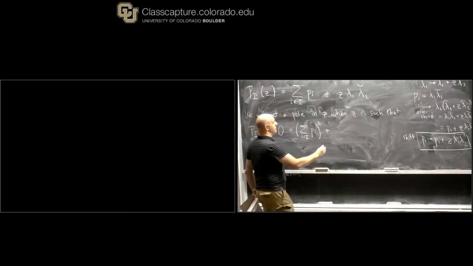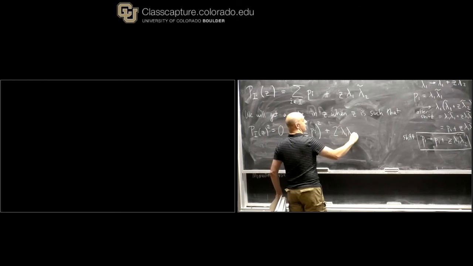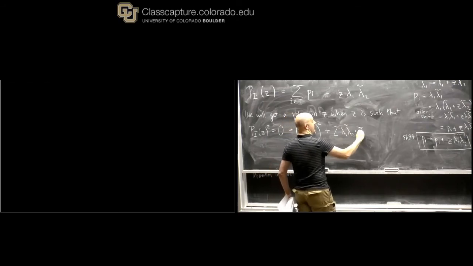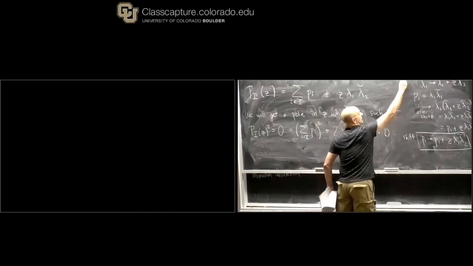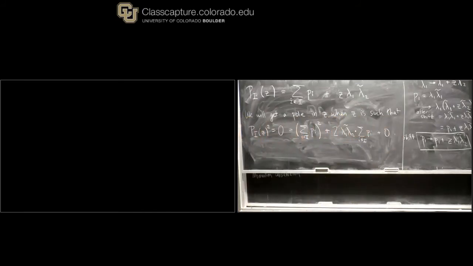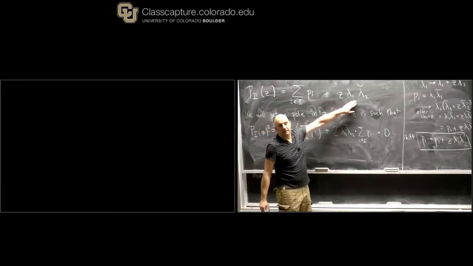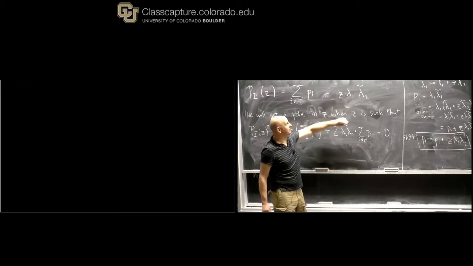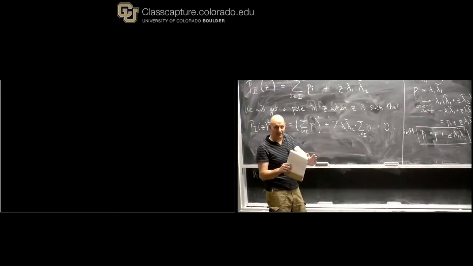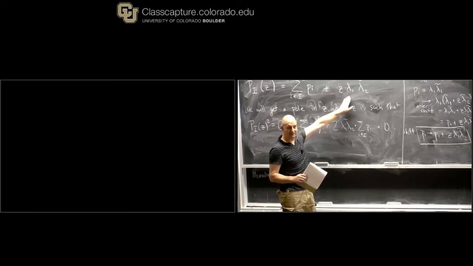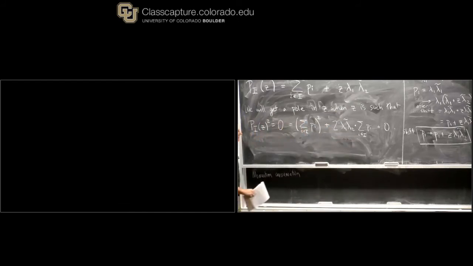Then I get the cross term. And then I get the square of this. Now, the square of this is 0 because this is a null vector. Remember the notation: anytime you have something that factors into a product of two-component spinors, then it's null. So we get 0.